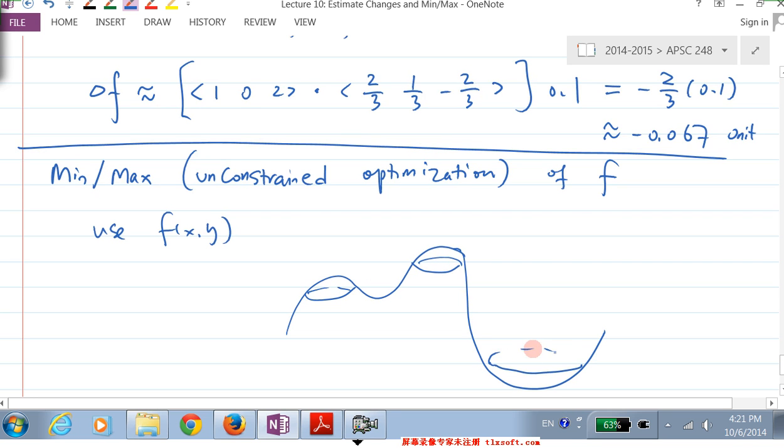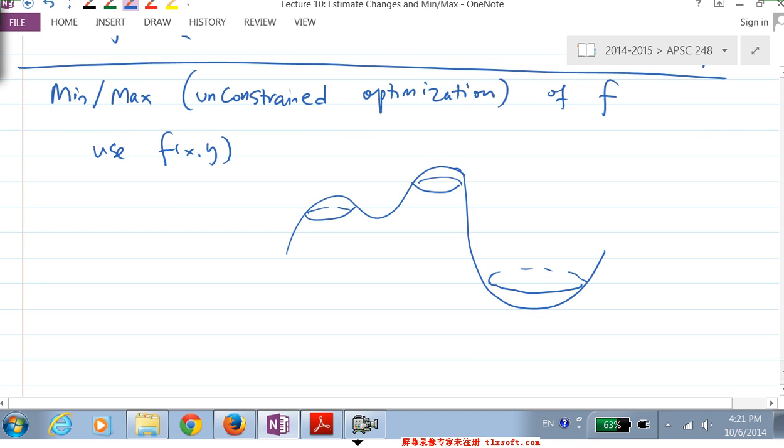So you have ups and downs of the surface, and if people ask you where is the minimum or maximum location for this surface S, you can tell them that looks like a peak, and that also looks like a peak, and this must look like a bottom.